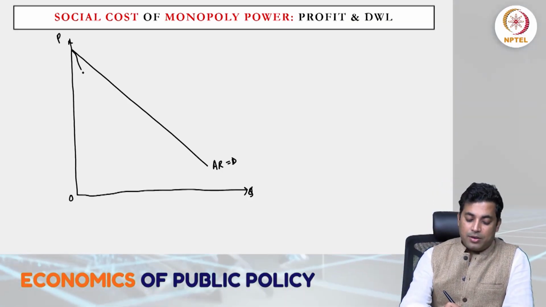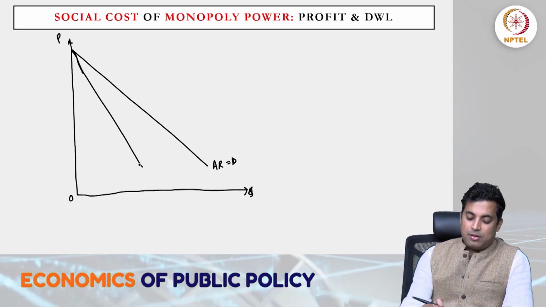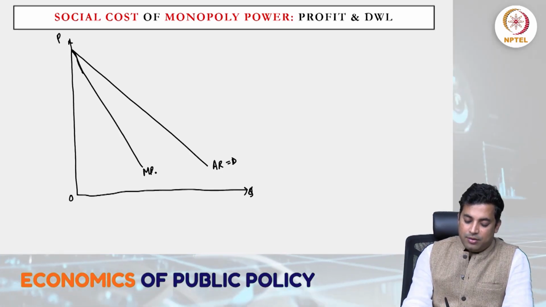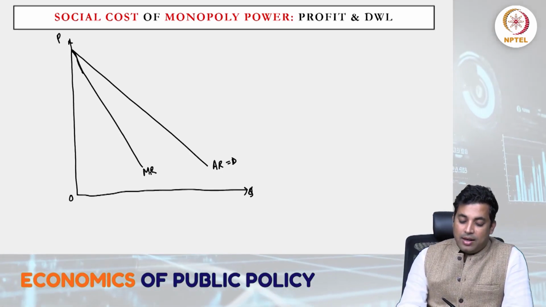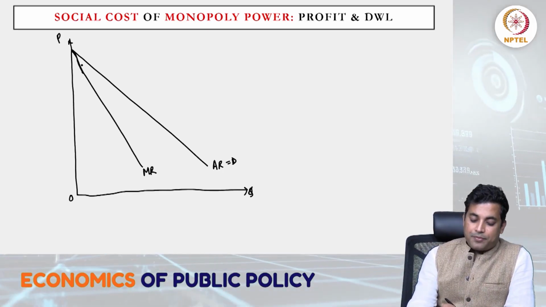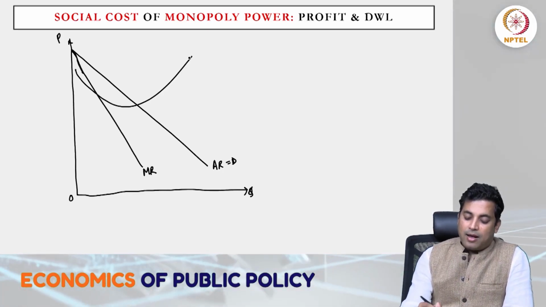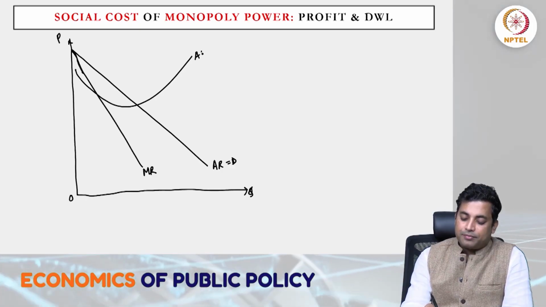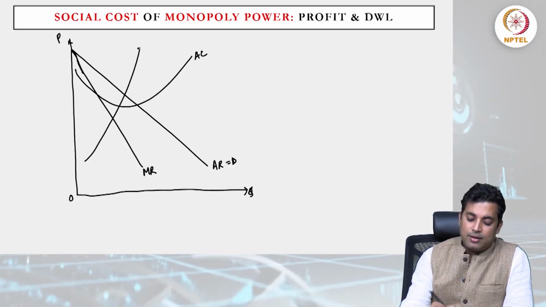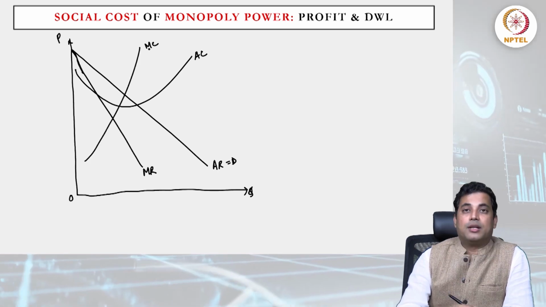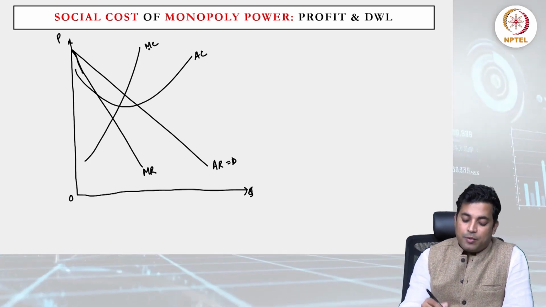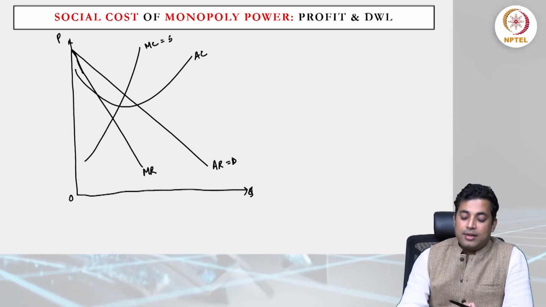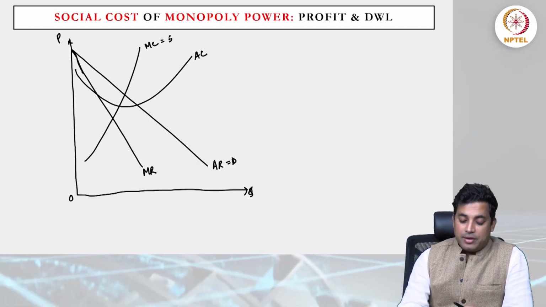Then this is our marginal revenue, this is average cost, and this is marginal cost, which can also be regarded as a supply curve.